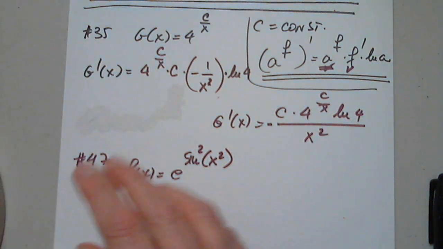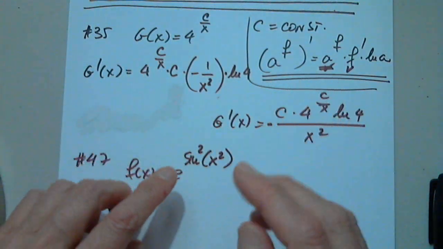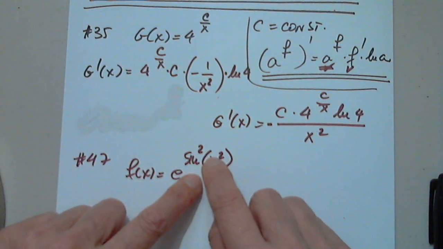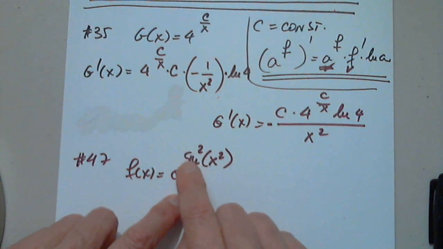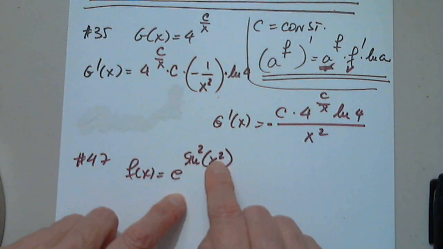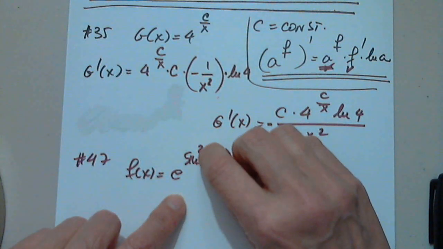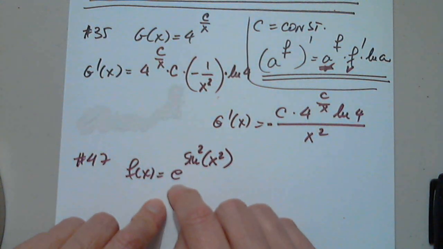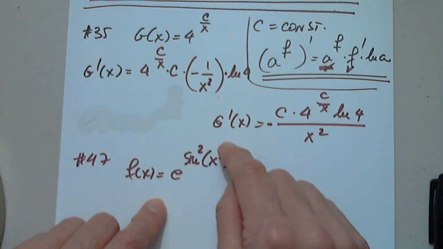So let's analyze this in a different way. If I want to evaluate for 5, first I determine 5 squared, then I apply sine to 5 squared and get a number, then I square that number, and then I apply e to that number.